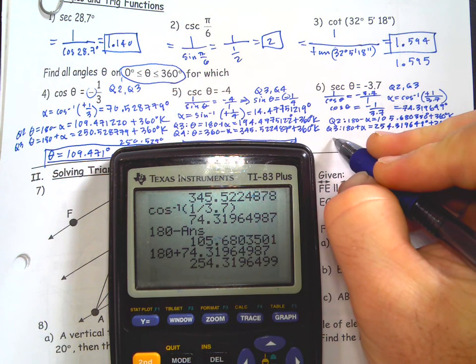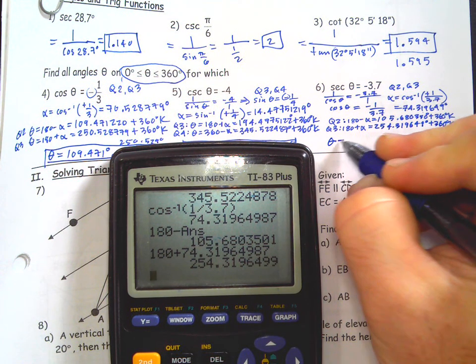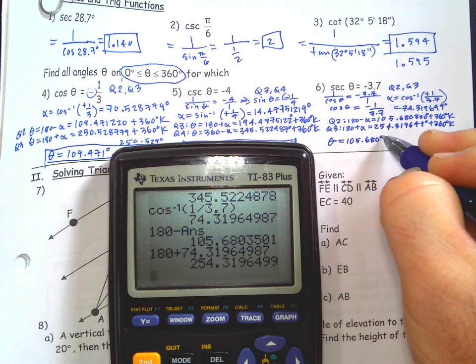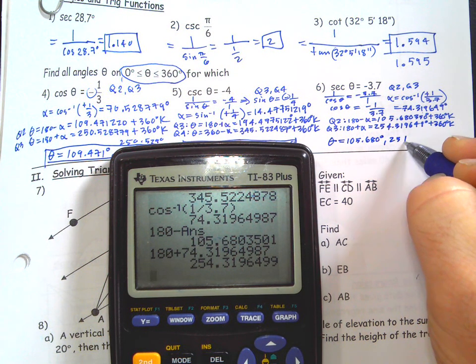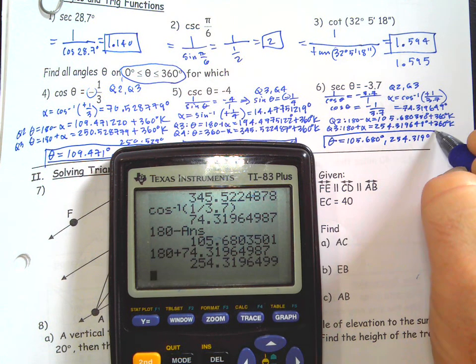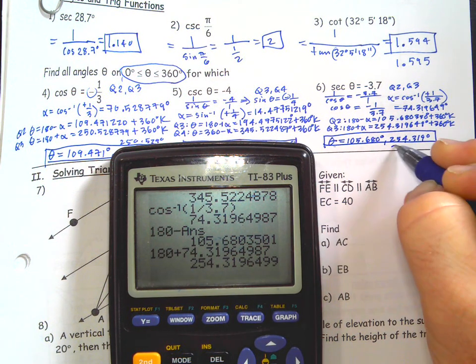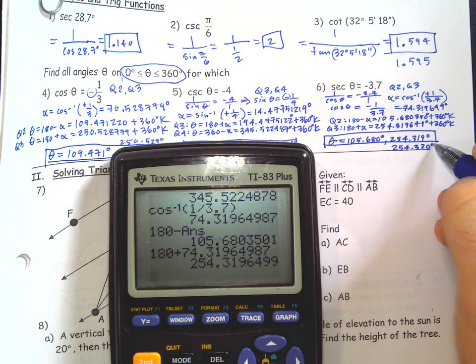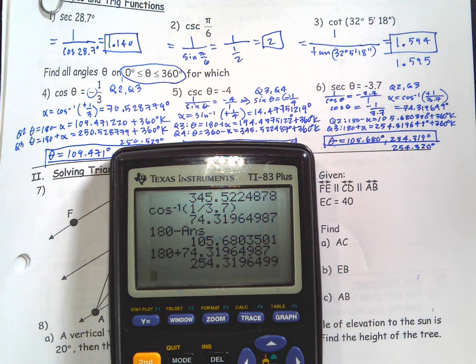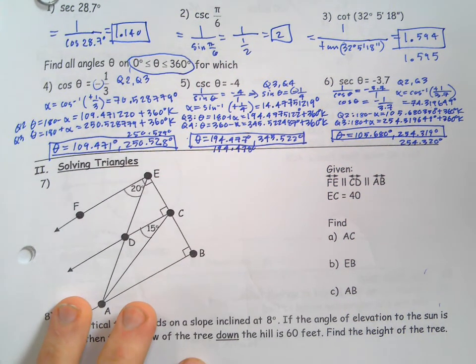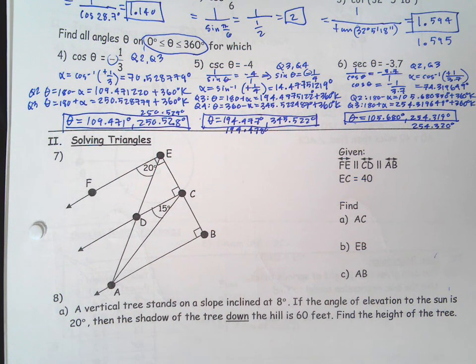And so my answers for theta are 105.680 degrees and 254.319 degrees. Three decimals, actually truncated. If you rounded, it would only change the second one. So there you go. Some solving of kind of simple trig equations with the calculator.